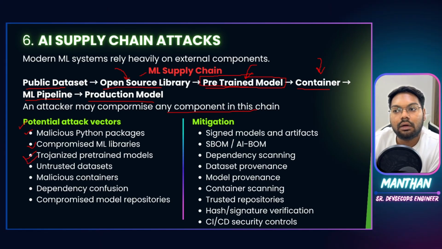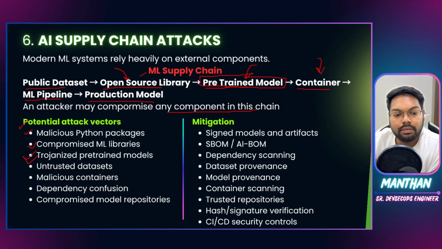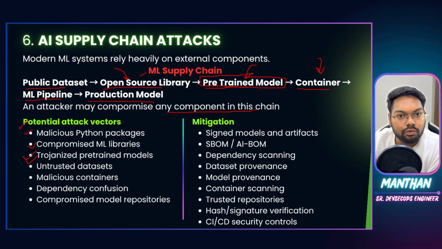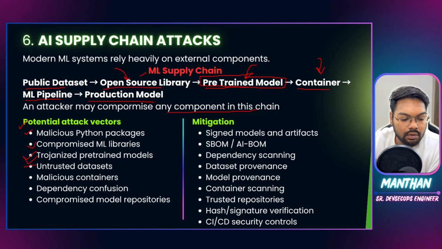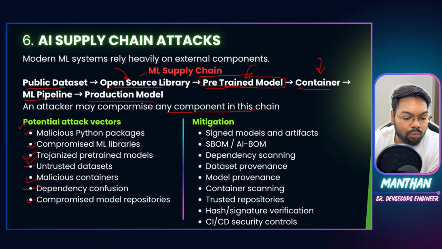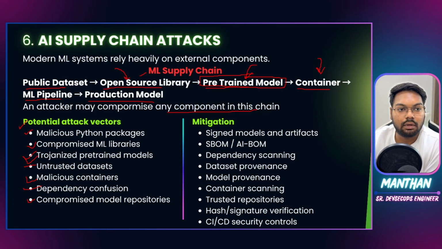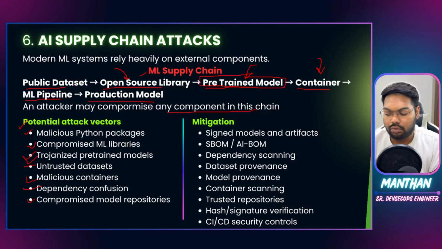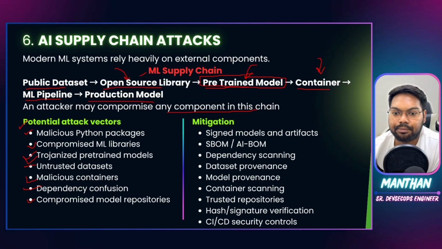That's why large organizations should be focusing on creating models from scratch and not use pre-trained models, mostly open source models. Then untrusted datasets, malicious containers, dependency confusion, and compromised model repositories. So these are the few things where someone could attack your AI supply chain.